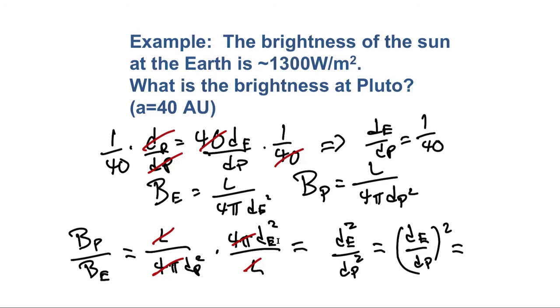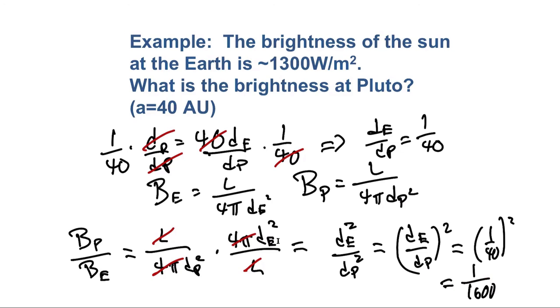And that I can plug in down here. So this becomes 1 over 40 quantity squared, or 1 over 40 squared. And 40 squared is 1,600. So this becomes 1 over 1,600. The sun is 1,600 times fainter at Pluto than it is at the Earth.